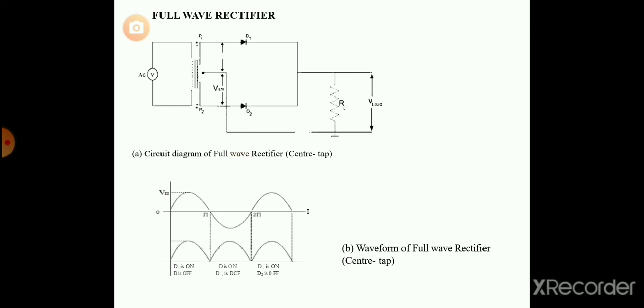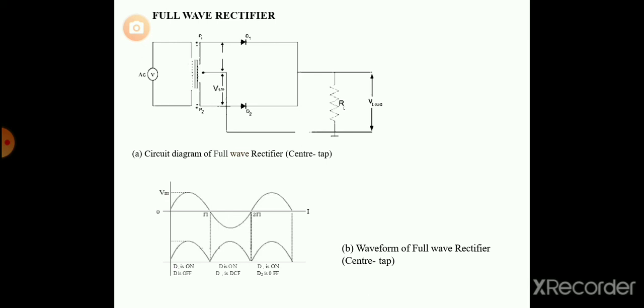During the positive half cycle, diode D1 is forward biased, so current conducts from D1 to the load resistance. D2 will be off during the positive half cycle.